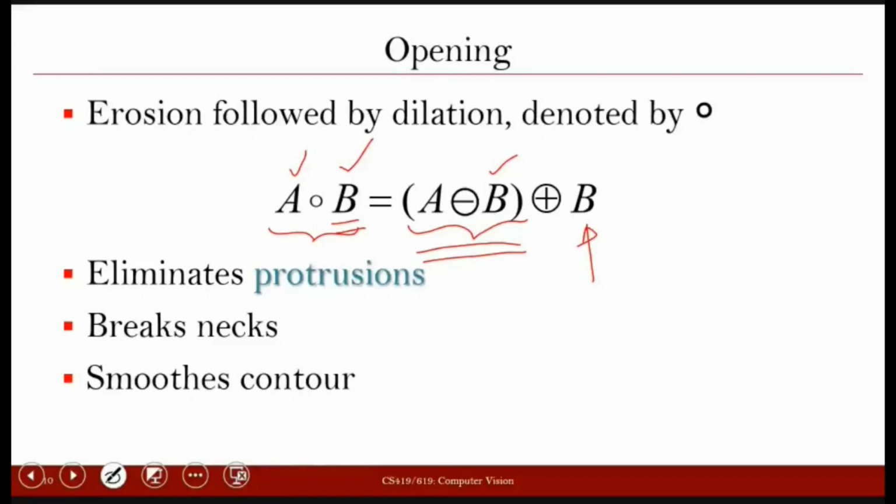So we are performing erosion followed by dilation here. Because of this, as we saw in the examples, we are able to eliminate all the protrusions that we have in the image. This breaks the necks, the bridges that we have in the binary image, and it also smooths out the contours that are there in the image.